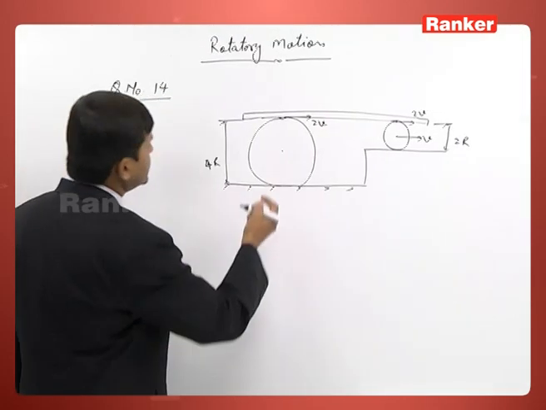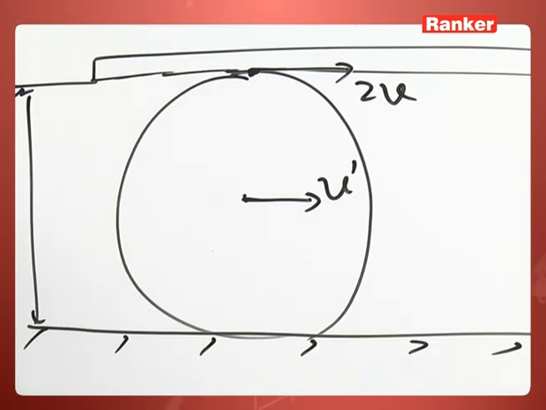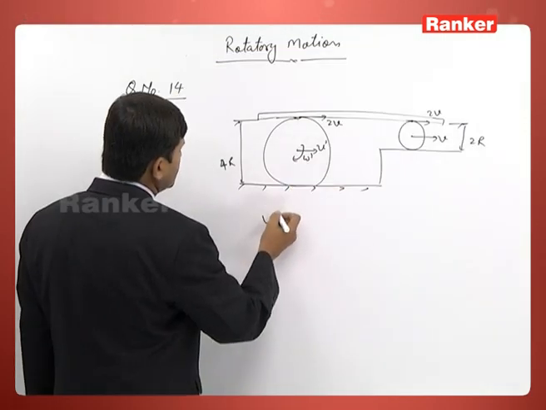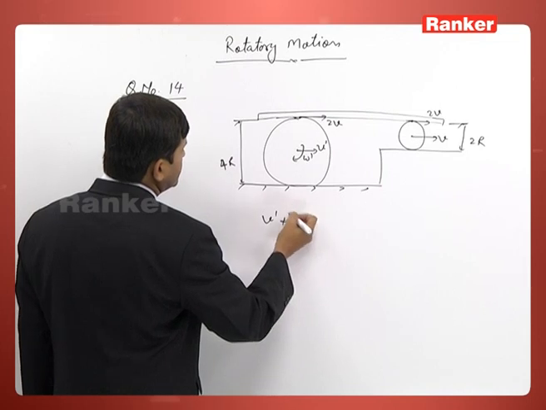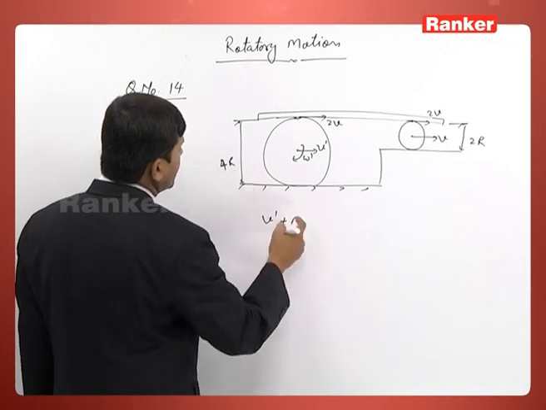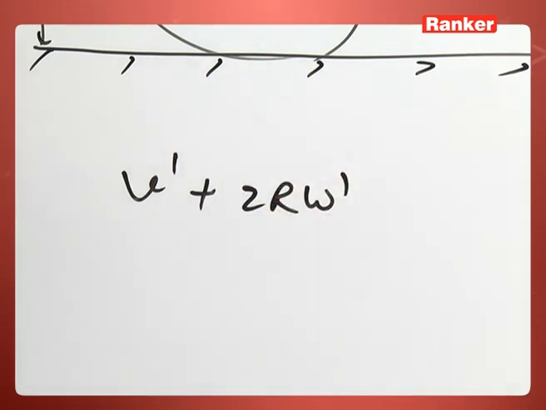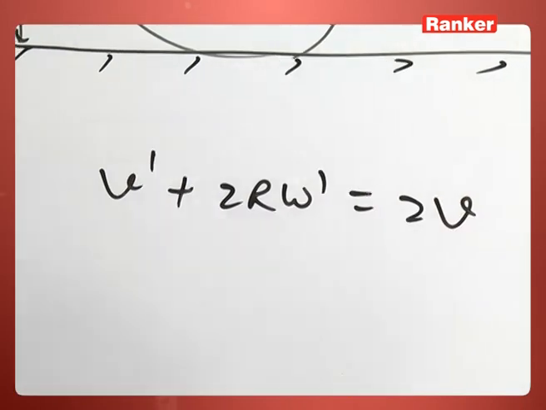So 2V velocity means here, let the velocity of this be V dash and angular velocity omega dash. V dash plus 4R means 2R into omega dash is equal to 2V.